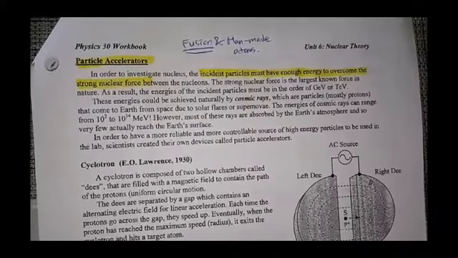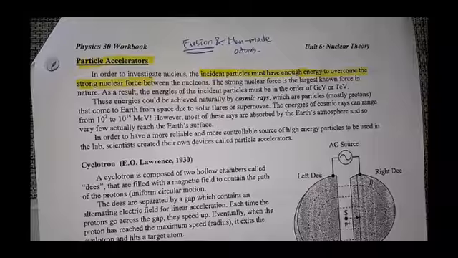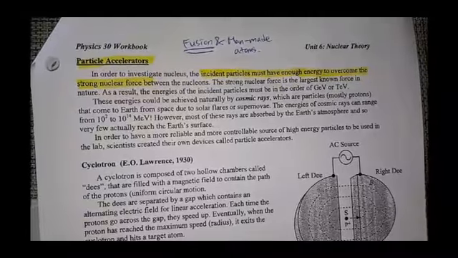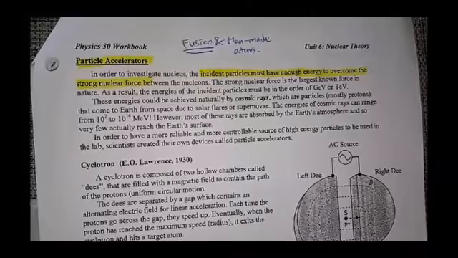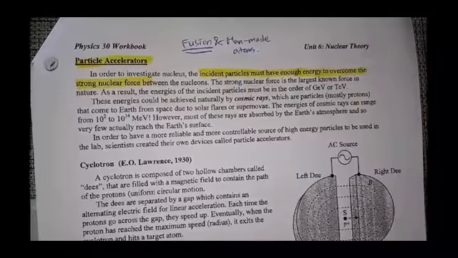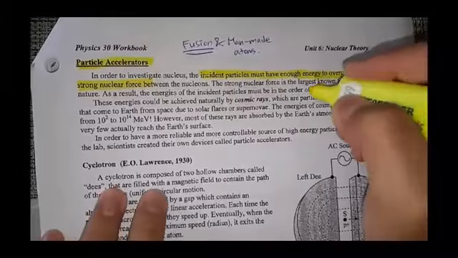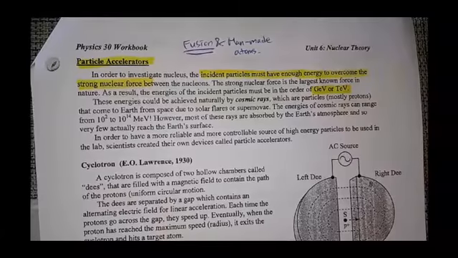In fact, over 1 million Kelvin of heat energy will be produced. To overcome that, a particle needs to almost reach the speed of a photon, so 3.00 times 10 to the power of 8 meters per second. To do that, the energy is gigaelectronvolts or teraelectronvolts.